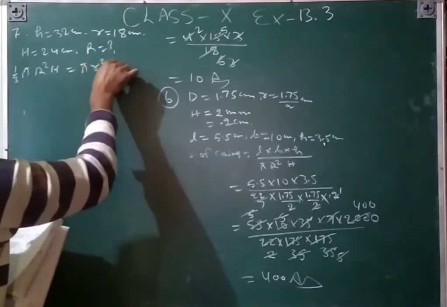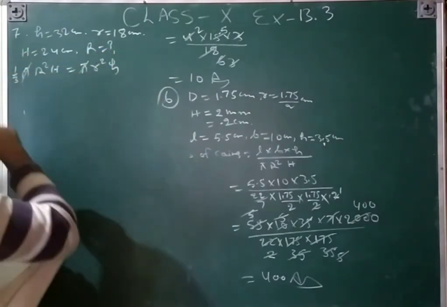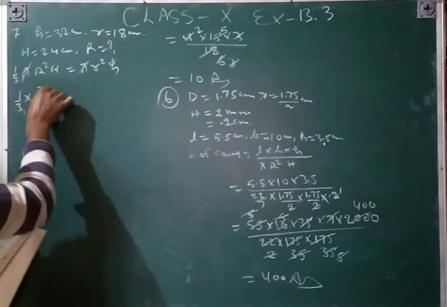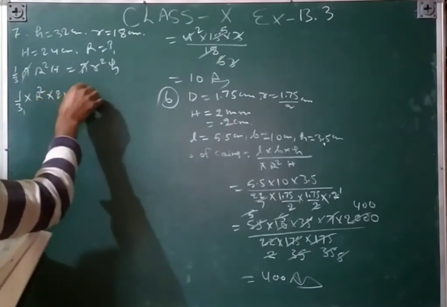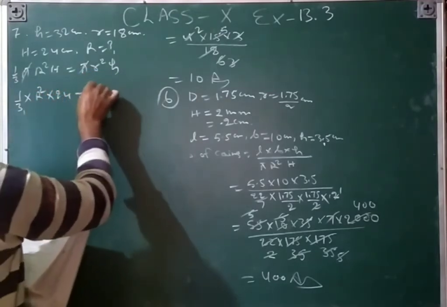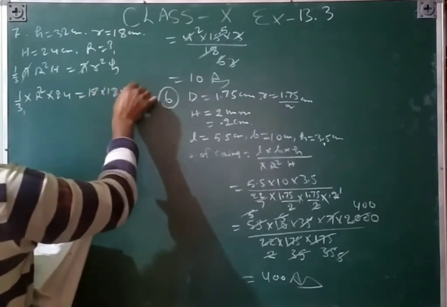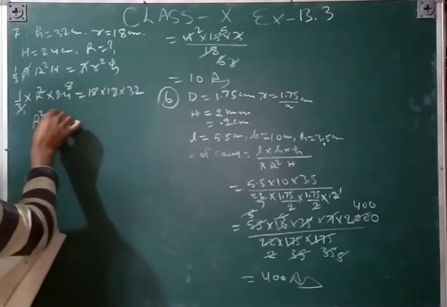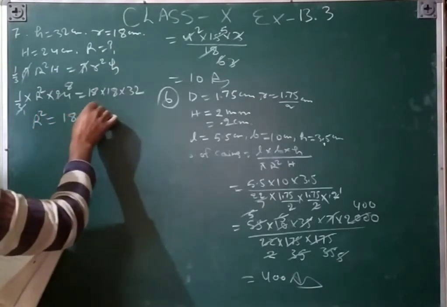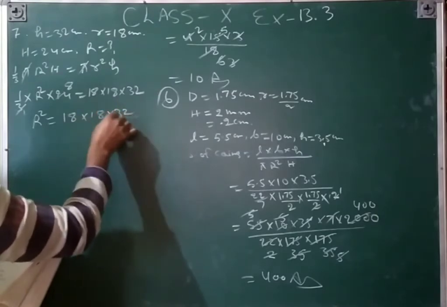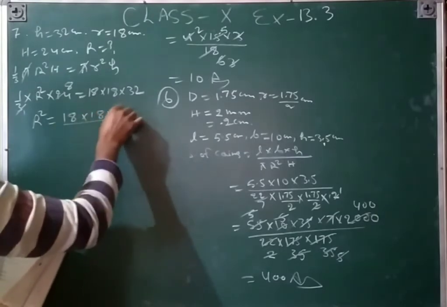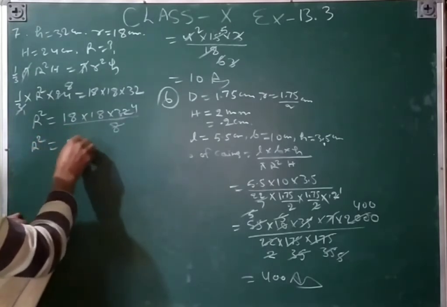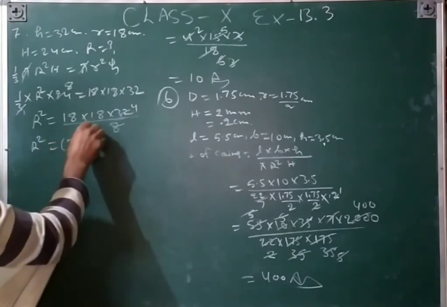Pi cancels by pi, so 1/3 into r square into h, whose value is 24, is equal to 18 into 18 into 32. 3 8 ja, and then r square is equal to 18 into 18 into 32 upon 8, 8 4 ja 32, so r square is equal to 18 2 ja 36, because 4 is there, so square.